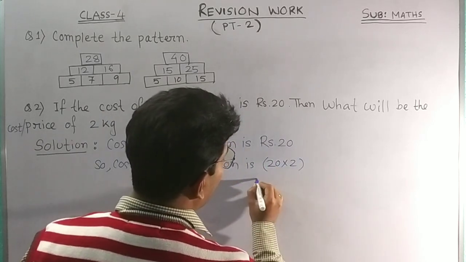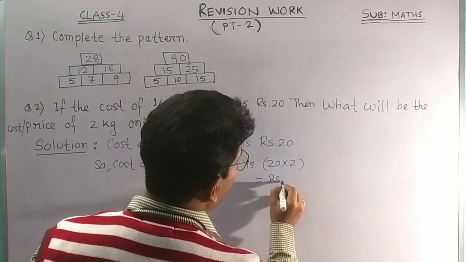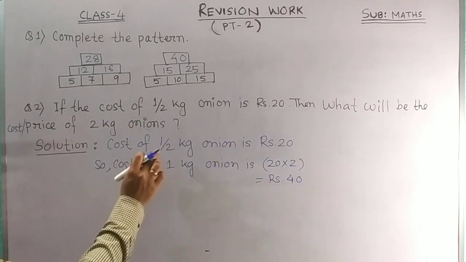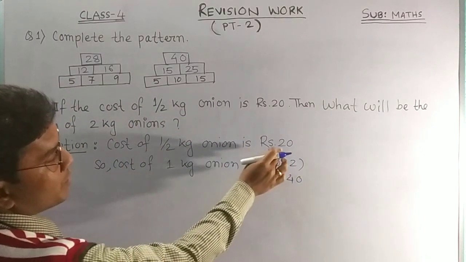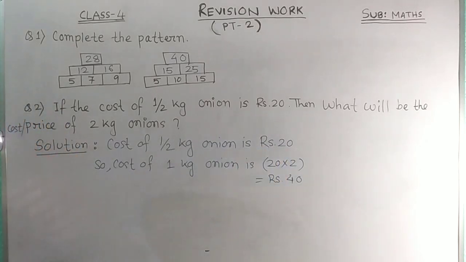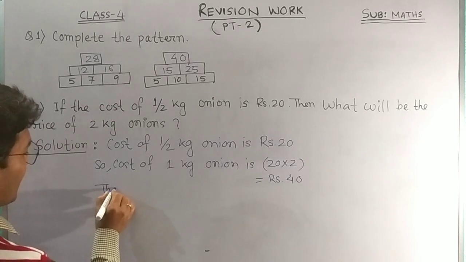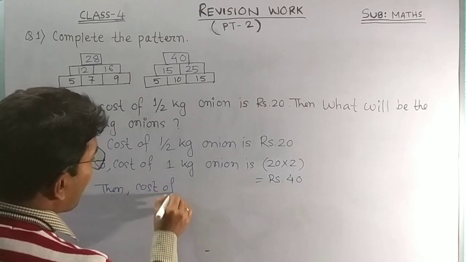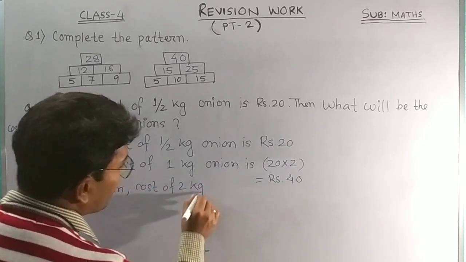Okay, so it will become rupees 40. Because if half, 500 gram is 20, so 1 kg will be double, then 2 kg will be again double.